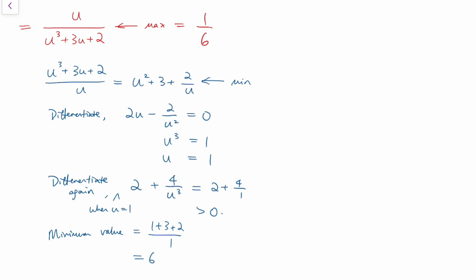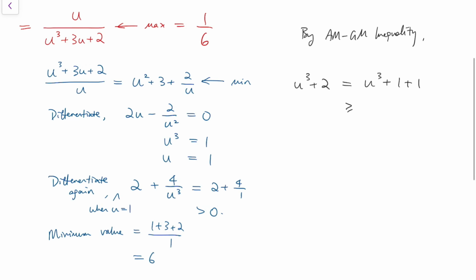The second way is relatively simpler, which is that I can actually make use of the so-called AM-GM inequality, which says u cubed plus 2 can be split into u cubed plus 1 plus 1, and that's larger than or equal to 3u by the AM-GM.